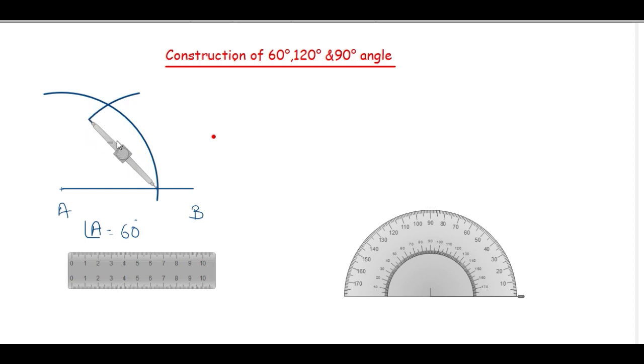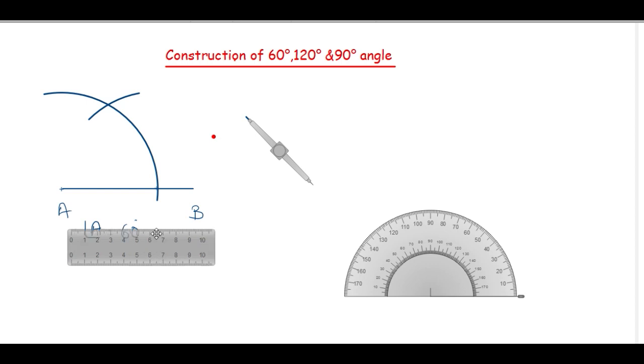So what will happen? Now we got an intersecting point here. If we join this point to A, then the angle between this ray and AB will be 60 degrees. Let us draw that line.